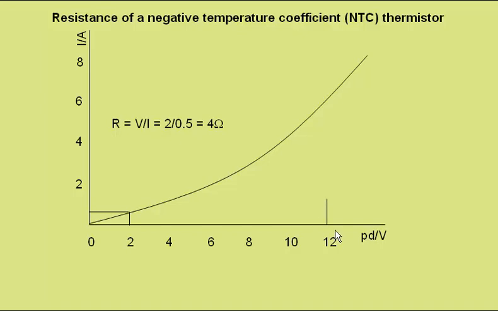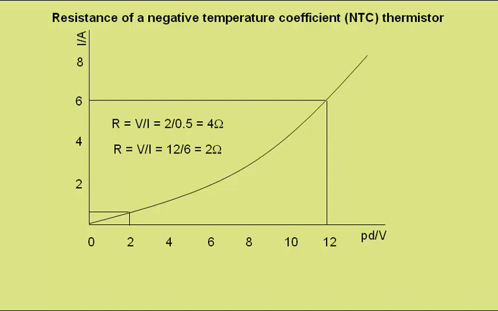From 12 volts, we then find that resistance is potential difference divided by current, in this case 12 divided by 6, giving a resistance of 2 ohms. So in this case, with the negative temperature coefficient thermistor, the resistance has dropped.